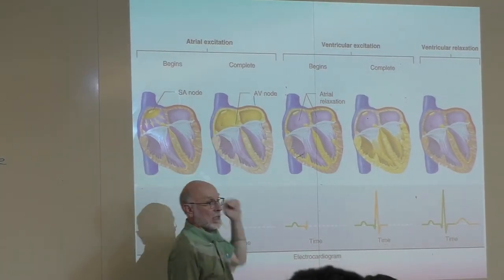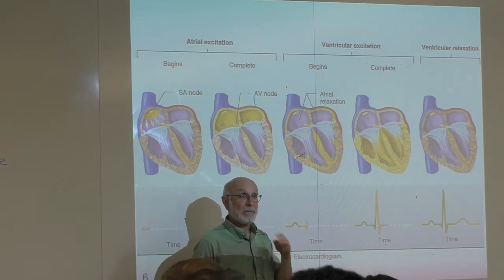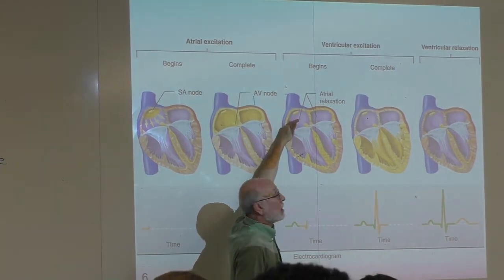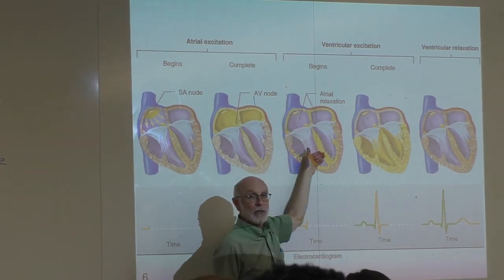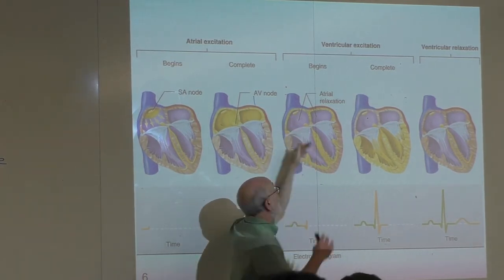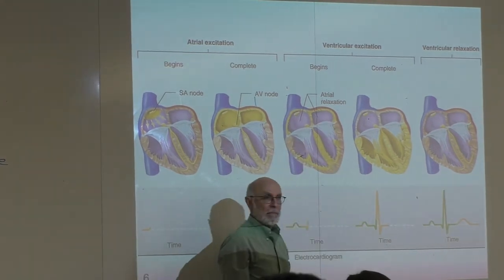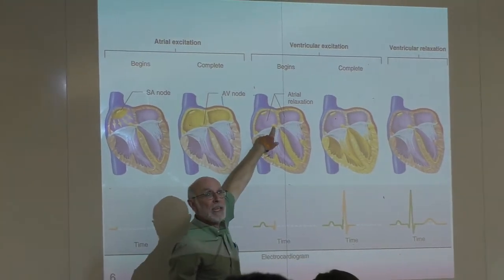Okay, now let's move on to a slightly new material. Now the contraction spreads from atria to ventricles. But it doesn't just spread like that. It spreads through the AV node.